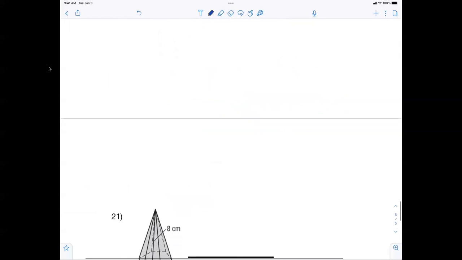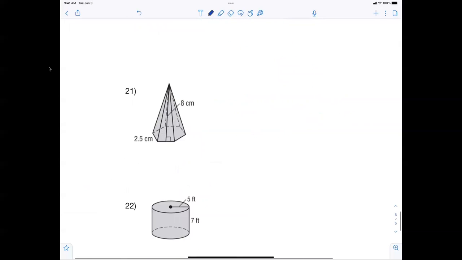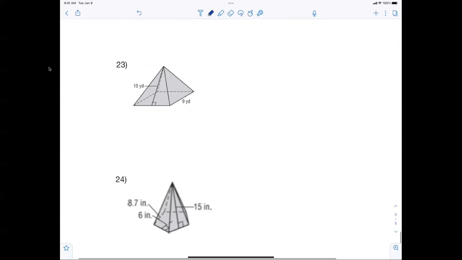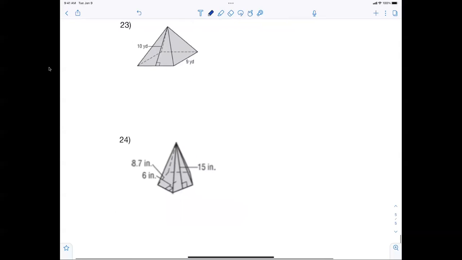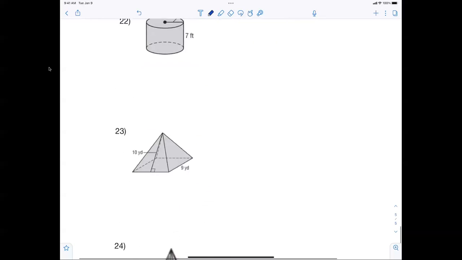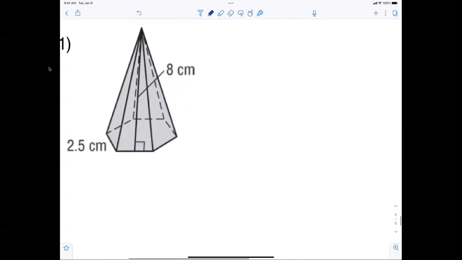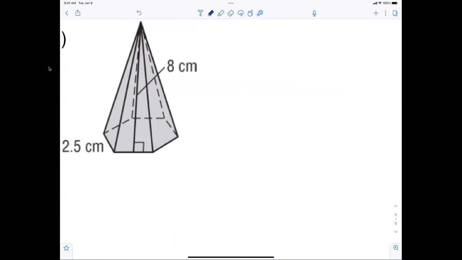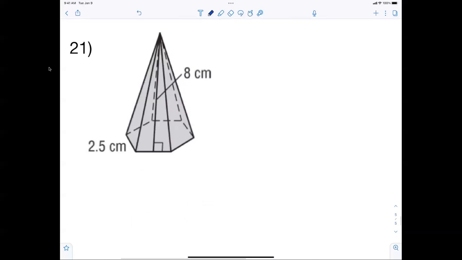All right, let's scroll down. Let's find something tricky. All right, we'll do 21. Just to make sure, you guys, one last chance here for, what's the base called? Oh, no. It is a hexagon, correct?